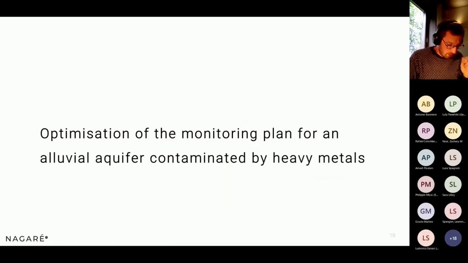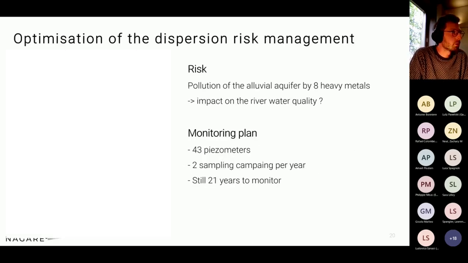So now, what better illustration than a real case. This case we actually addressed last year. We worked on a contaminated site, which was polluted with heavy metals. The pollution threatens the quality of a nearby river.